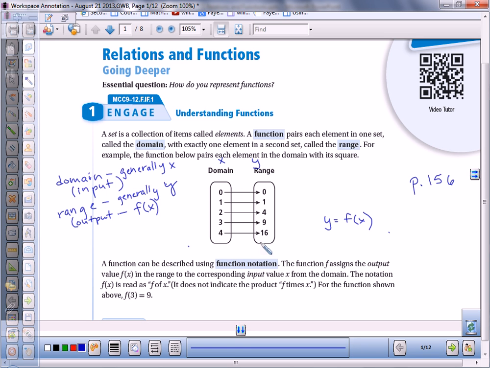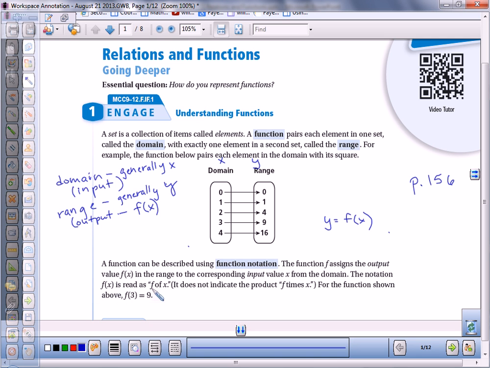So a function can be described using function notation. The function f assigns the output value, f of x, in the range to the corresponding input value, x, from the domain. The notation f of x is read f of x.